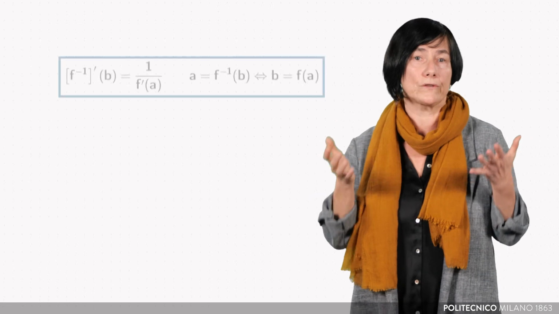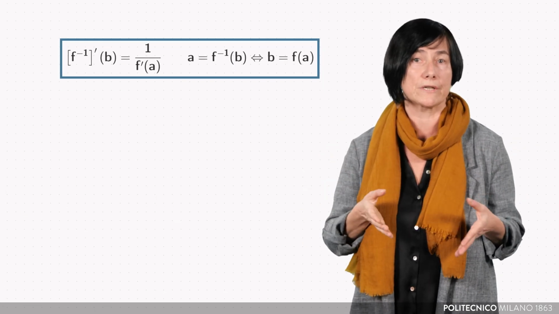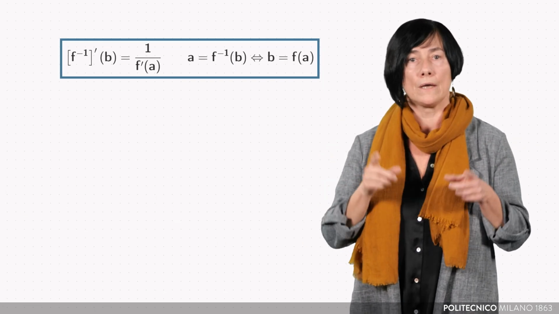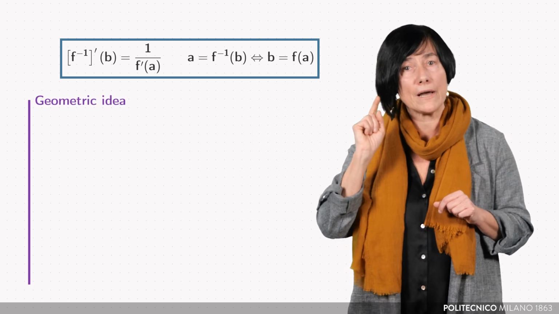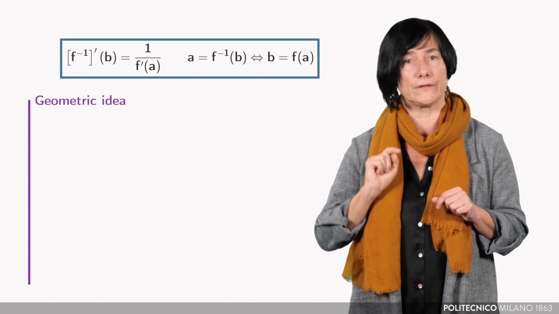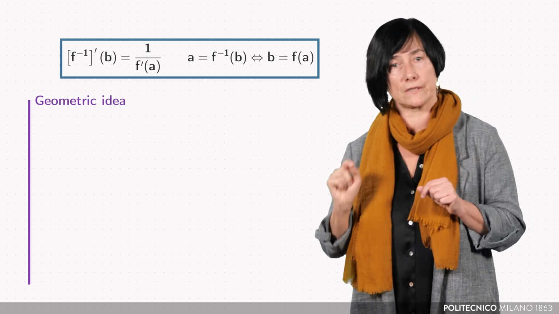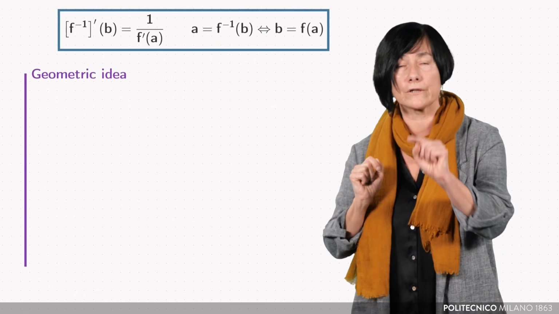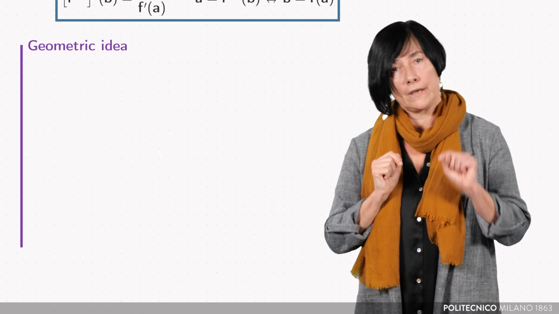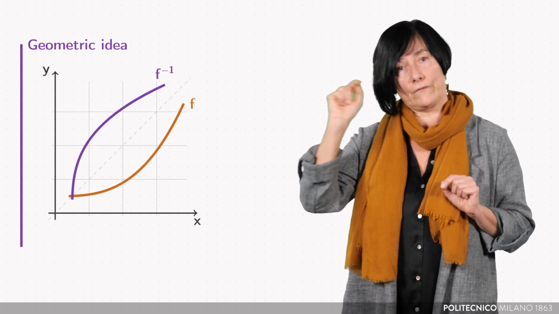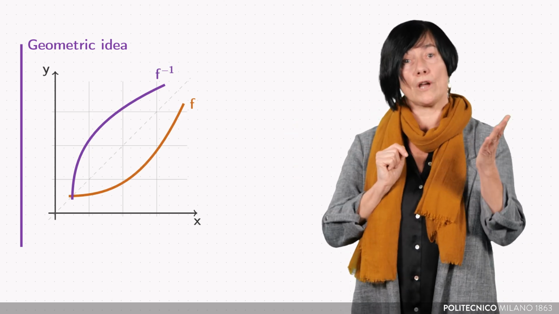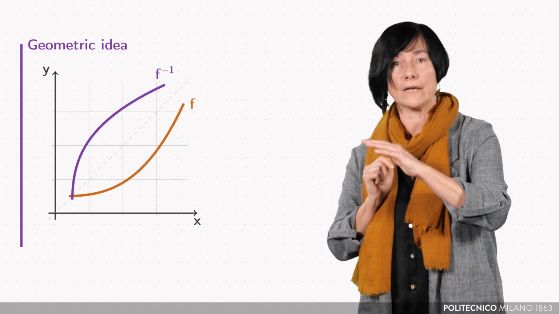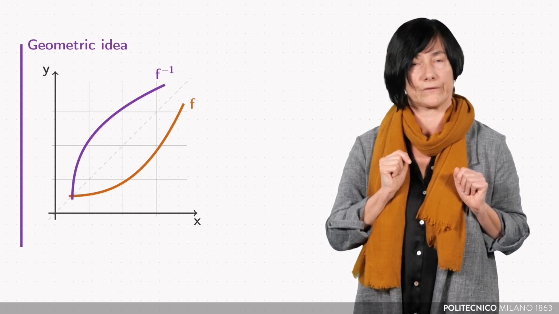But where does the formula for the derivative of the inverse come from? We can find it out having in mind the geometric meaning of the derivative, which represents the slope of the tangent line to the graph of the function at the corresponding point. Here we see the graphs of f and its inverse, which are reflections across the bisecting line y equals x.